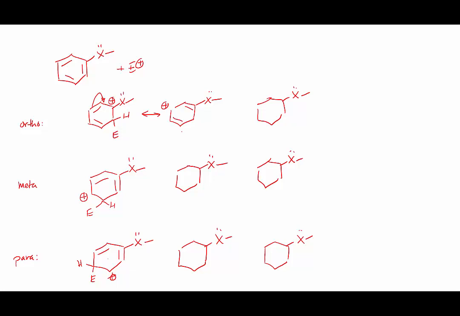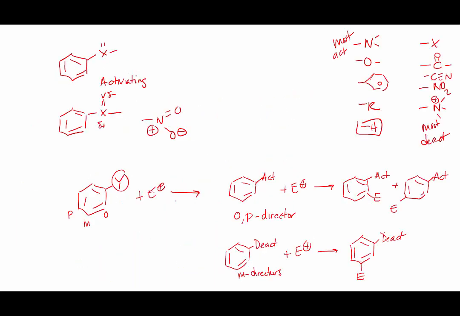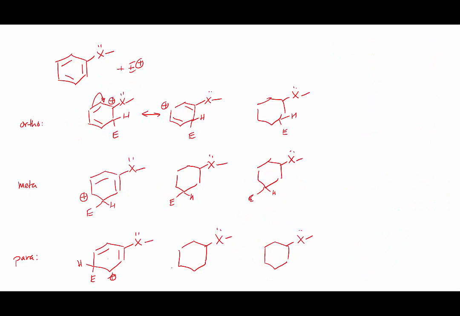That puts the plus charge there, and it puts the H and the E. So if I put in all the X's, all the E's and H's, now all I've got to do is put in my double bonds.